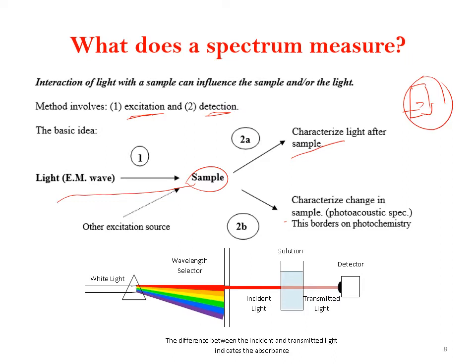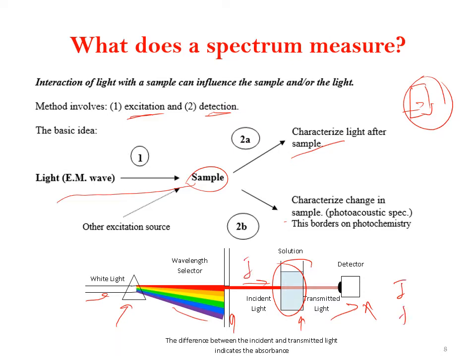The procedure is, there is a white light, and there is a prism that is used to disperse the light into different wavelengths, and there is a pinhole or selector that selects a single wavelength of light. That single wavelength light will be applied to a solution. The solution will absorb some amount of that incident light. We measure the transmitted light and compare it, either intensity or frequency, to the incident light.